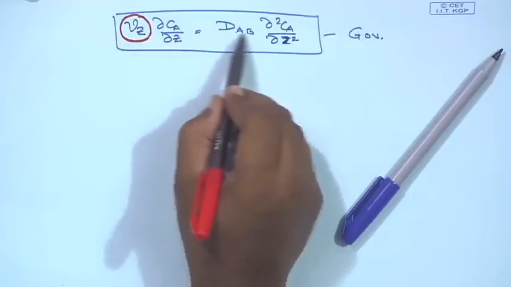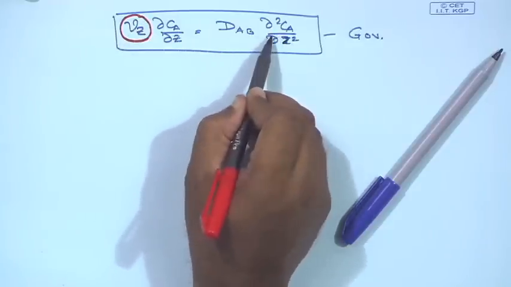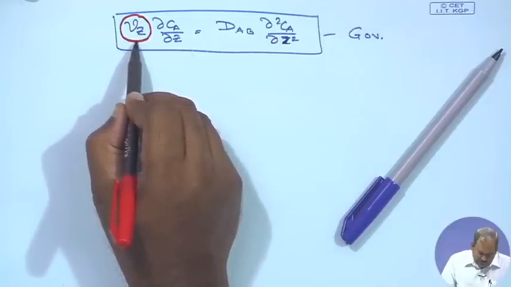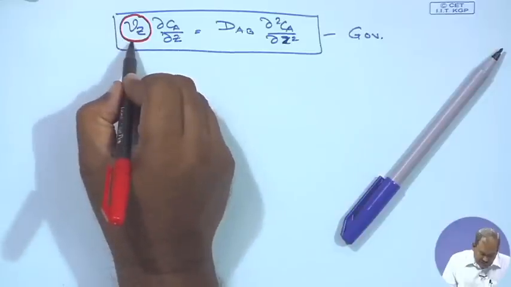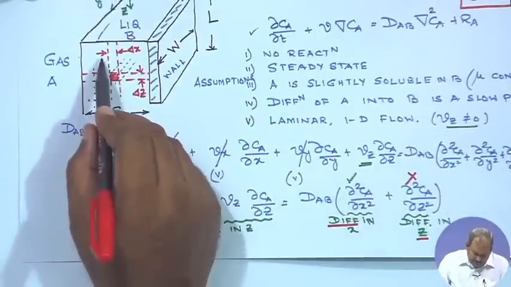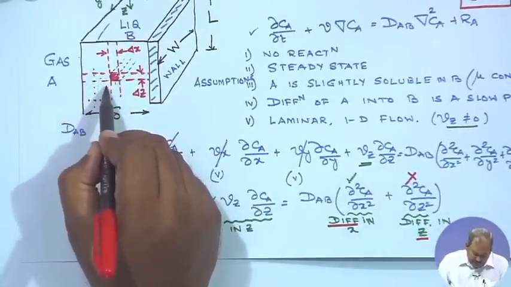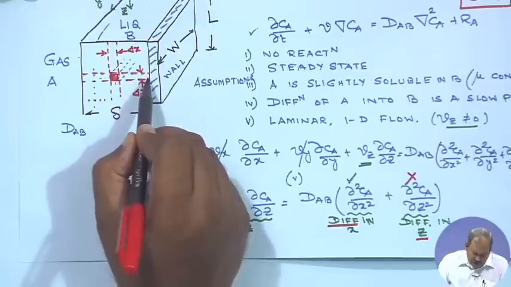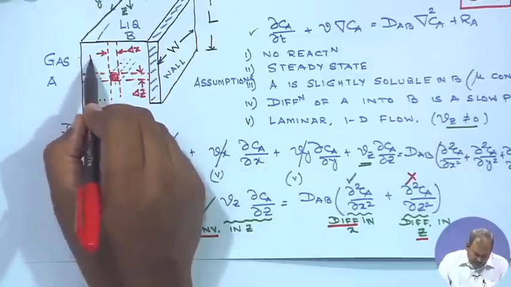In order to solve the problem, the prerequisite is that you have an idea of the expression of Vz from the solution of the Navier-Stokes equation, because in this figure Vz, the velocity in the z direction, is going to be a strong function of position x.